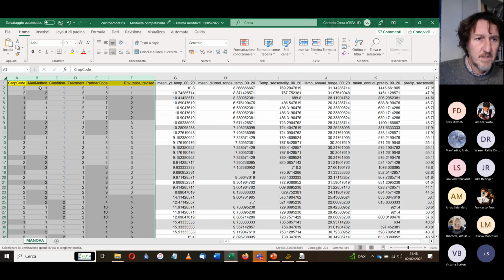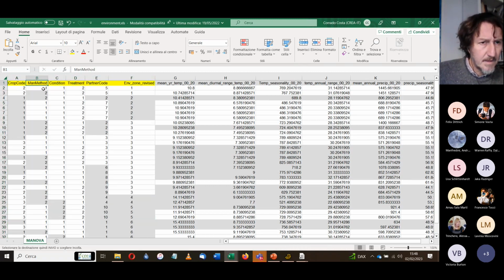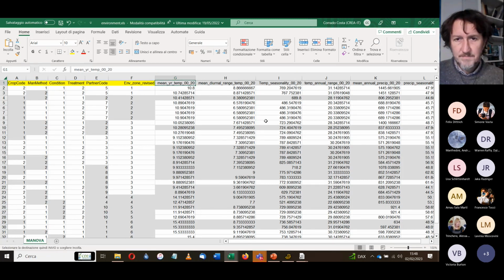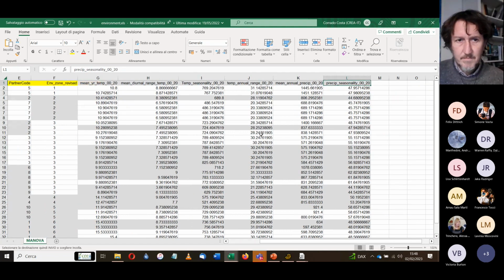So the crop code, the management method, the condition, the treatment, the partner code, and environmental zone. And here you have the variables. So this data set is based on environmental variables. Okay.